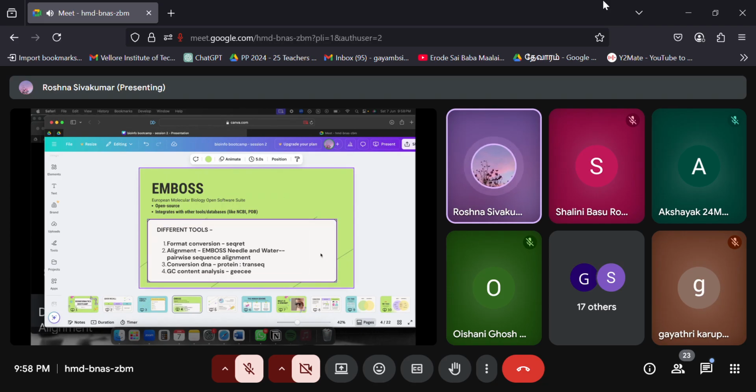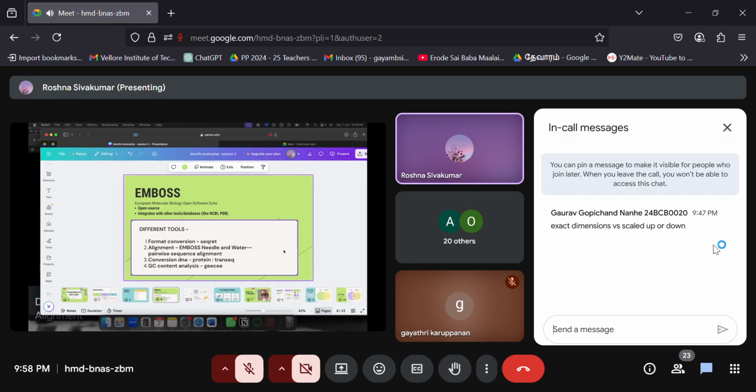There's also one thing called GC content analysis, or GC. Can anyone tell me why we need to analyze GC content in your gene? You can put it in the chat box or unmute. Okay, it determines the stability of the sequence.